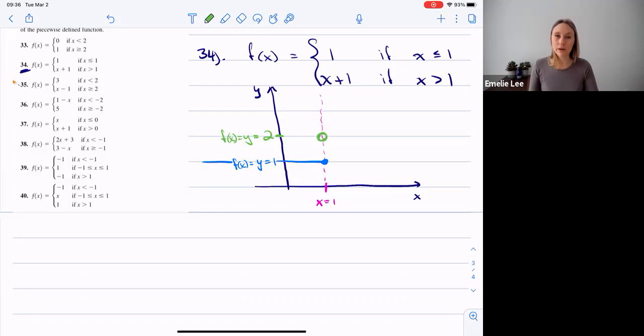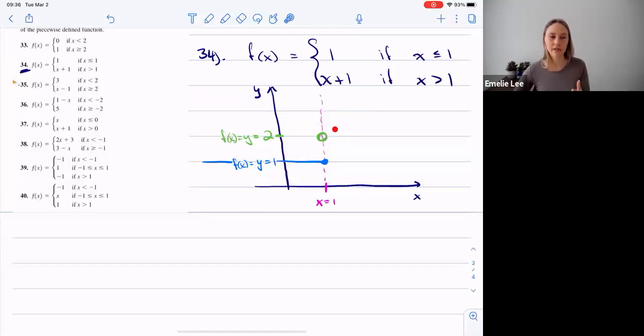I'm going to do an open dot, because it's not at 1, but of course, x plus 1 is going to be this straight line with a y-intercept of 1 and a slope of 1. So many ones in here, it's a little bit confusing. So we'll do another one after this.